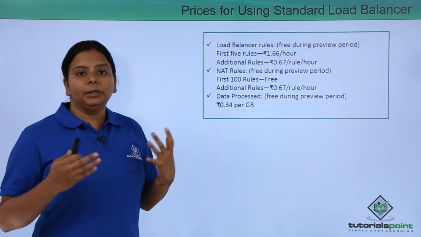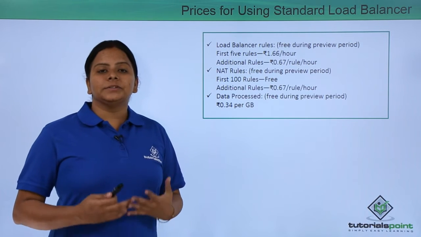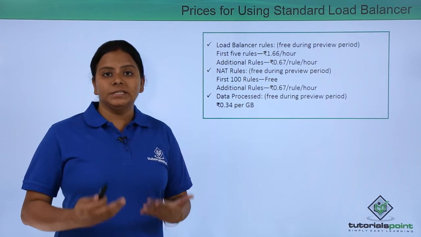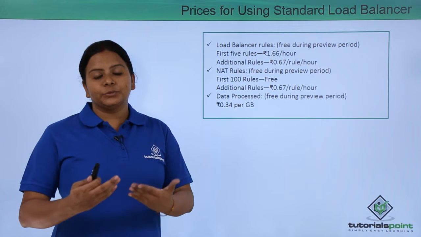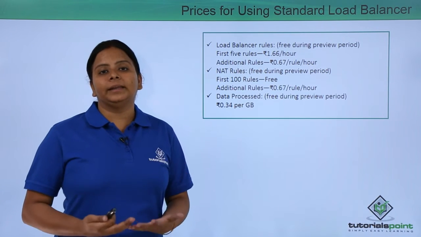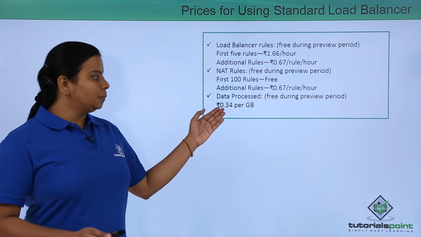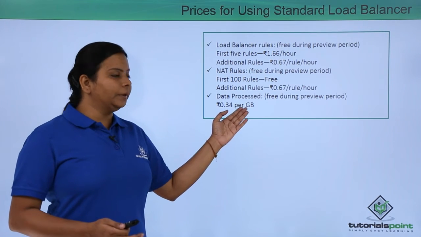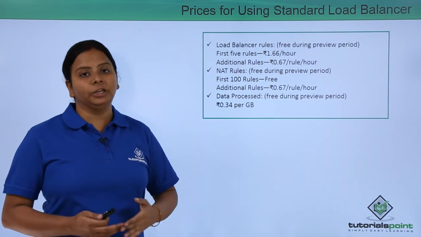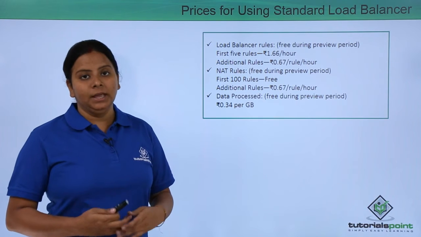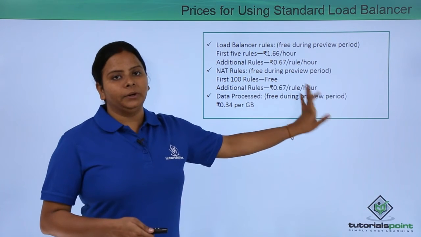If you have a particular load balancer which has data processing to be done while restricting the traffic or while you are defining any rules, again you need to pay 0.34 rupees per GB of data which you use in your practical environment, and it is free during the preview period.